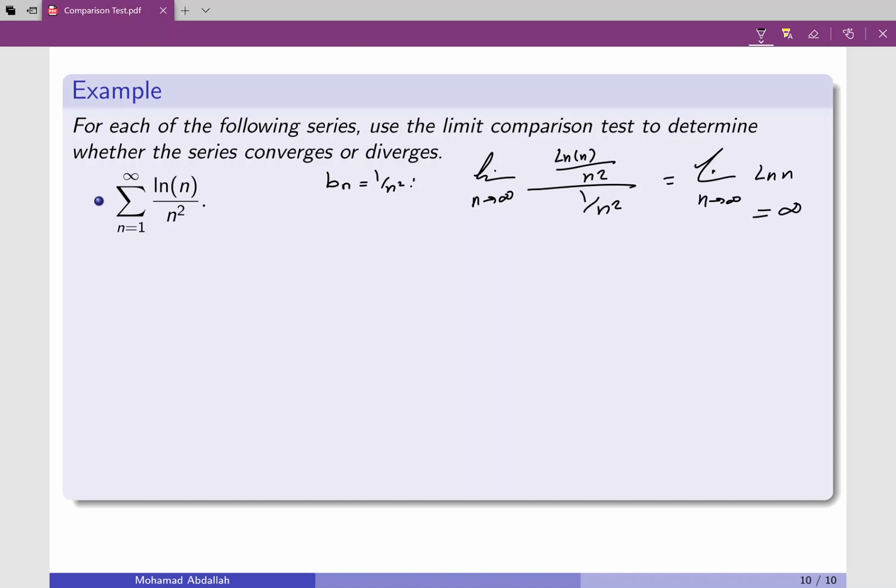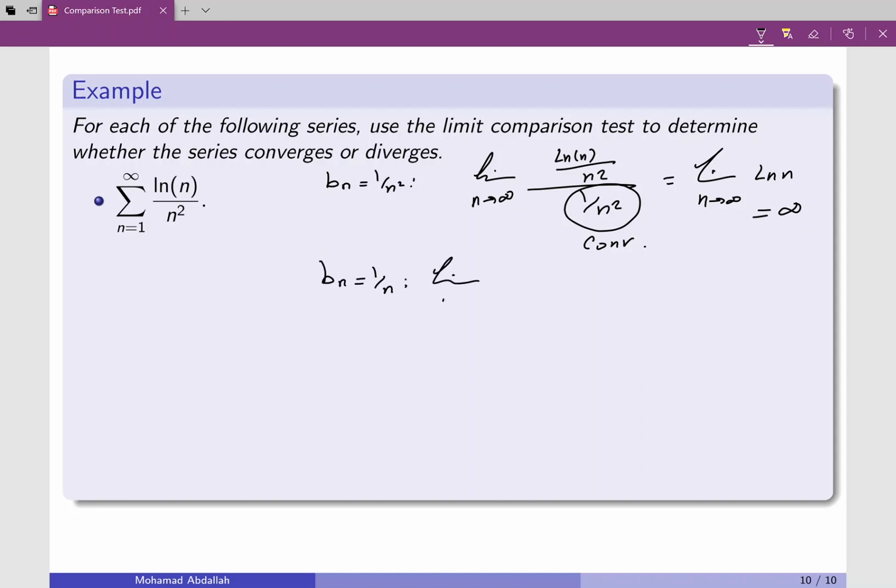Okay, so you know that this is convergent, and you get the limit equal to infinity, but in this case, the test is inconclusive. You don't conclude anything. Suppose that someone loses hope that this is convergent and says, okay, you know what, I want to compare it to 1 over n.